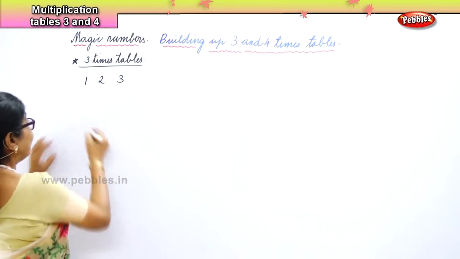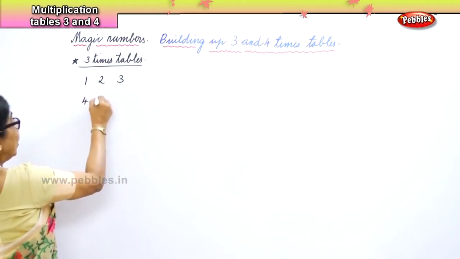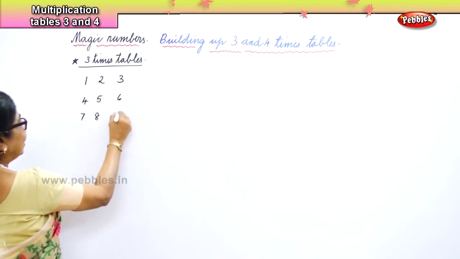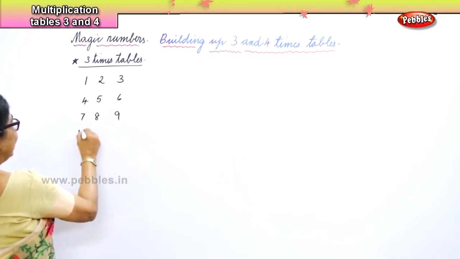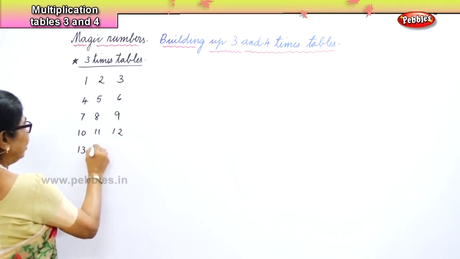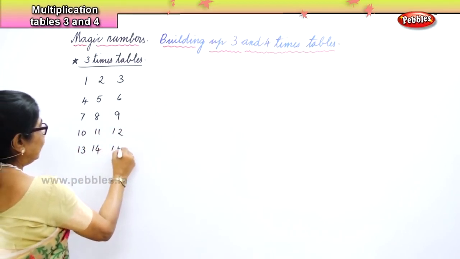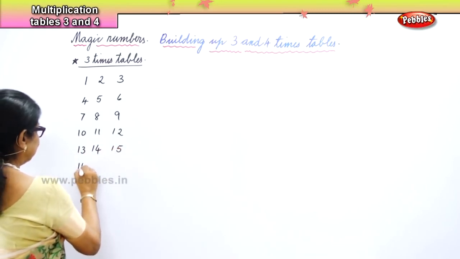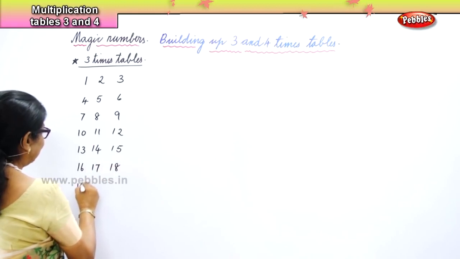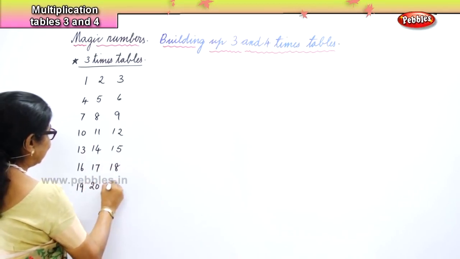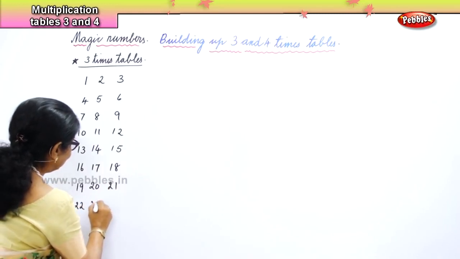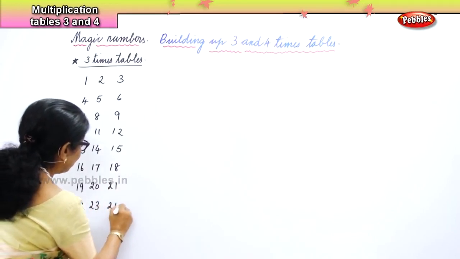3. But the 4 will come here. 4, 5, 6, 7, 8, 9, 10, 11, 12, 13, 14, 15, 16, 17, 18, 19, 20, 21, 22, 23, 24.